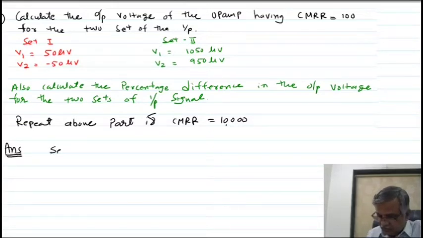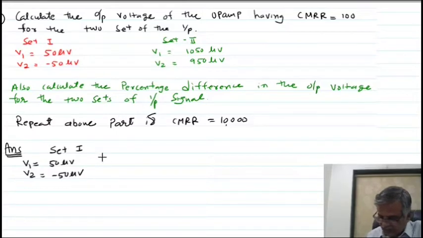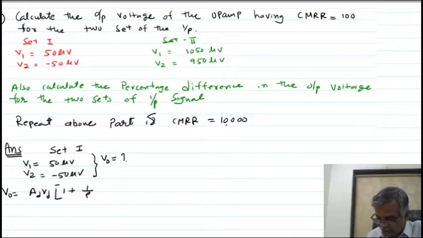Let us calculate for set number 1 the output voltage. Set 1 input voltage given is 50 microvolt and second is minus 50 microvolt. Calculate output. We know VO is equal to AdVd (1 plus 1 upon rho Vc by Vd).